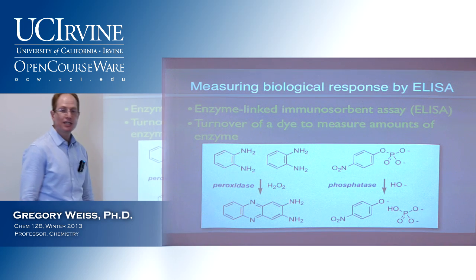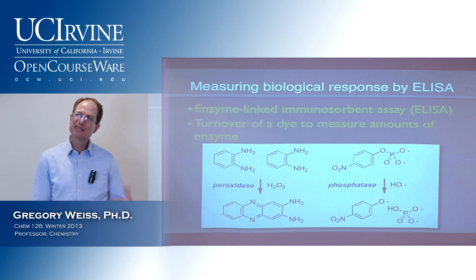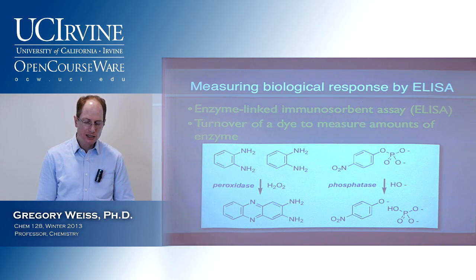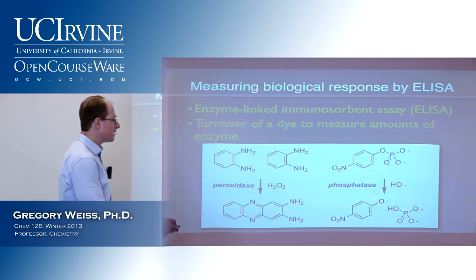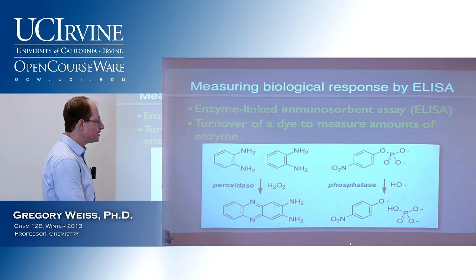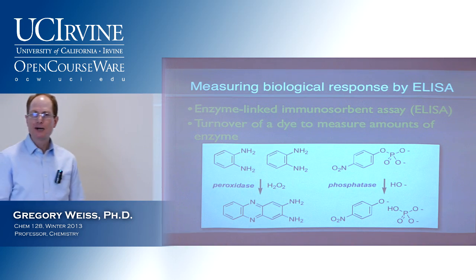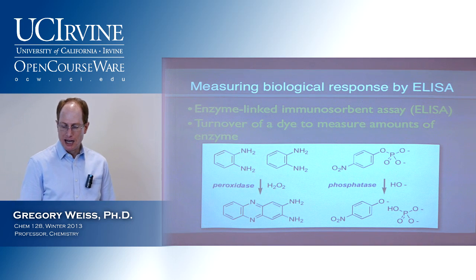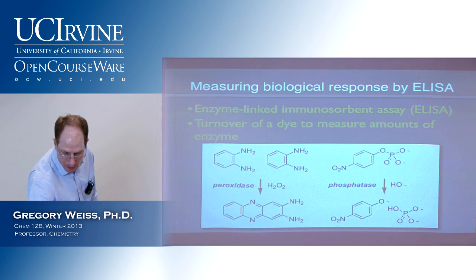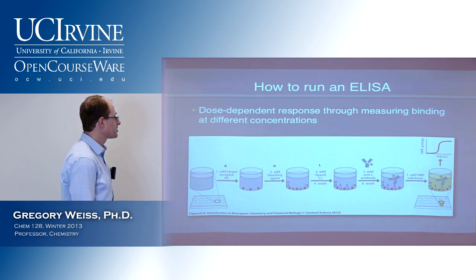This one forms a dark, more brownish color. This one over here forms a bright yellow color. So both of these give us reliable indicators that we can use to follow how much activity is taking place at a certain dosage. Let me show you how this works.